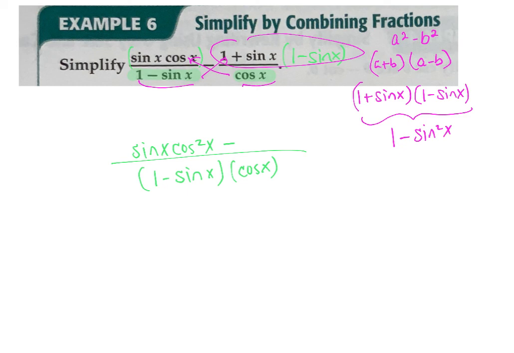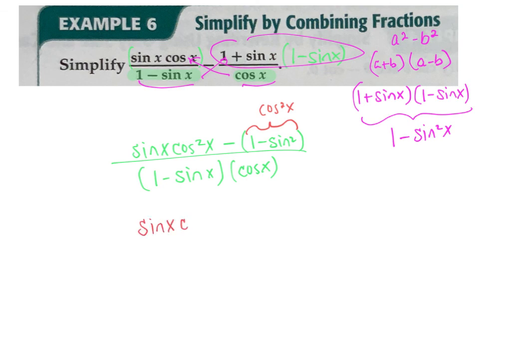So when I multiply those, I end up with 1 minus sine squared. Now this piece right here can be replaced. What can I replace that with? 1 minus sine squared, this should start burning into your brain. Yes, it's cosine squared.